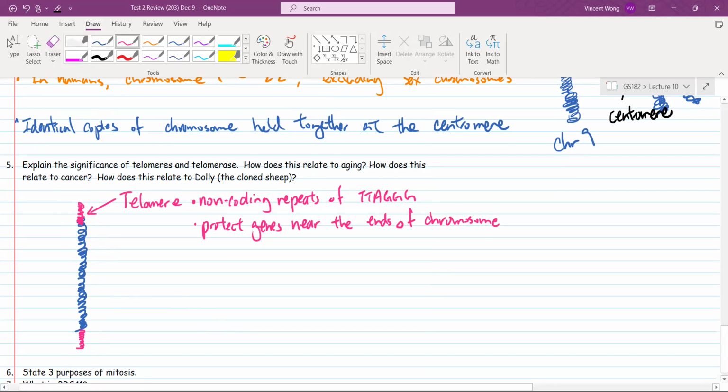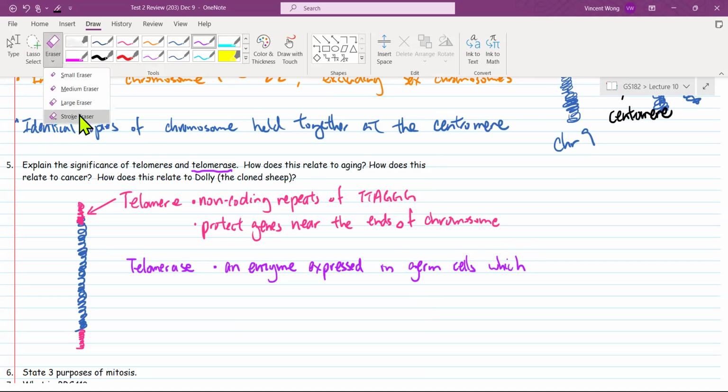So what about telomerase? Okay, telomerase. It is an enzyme expressed in germ cells, which allows telomeres to re-lengthen.